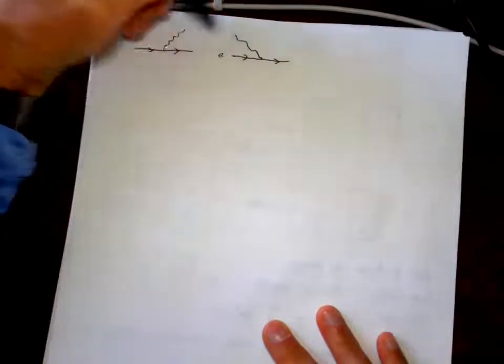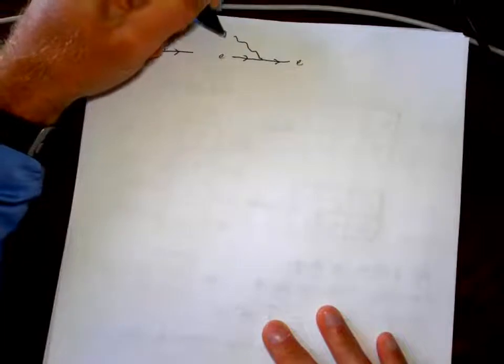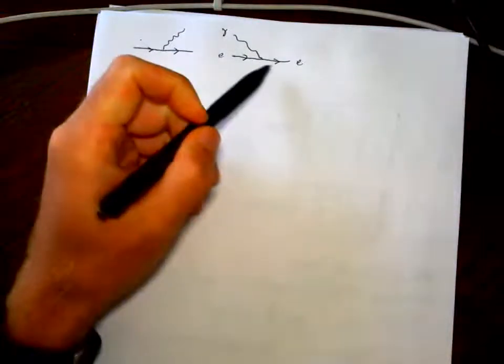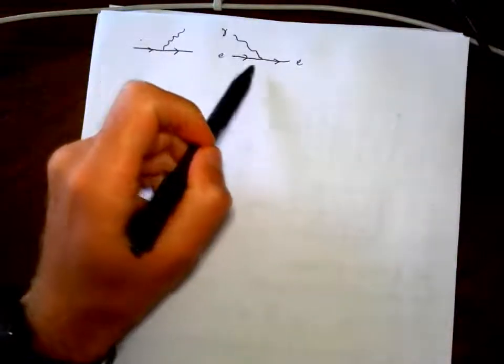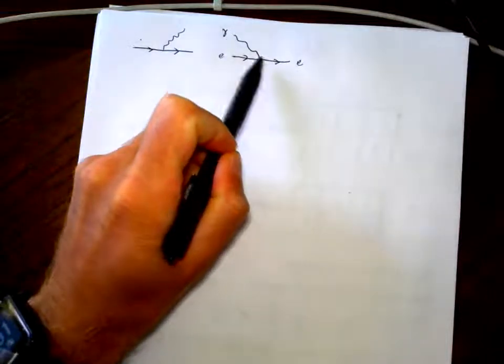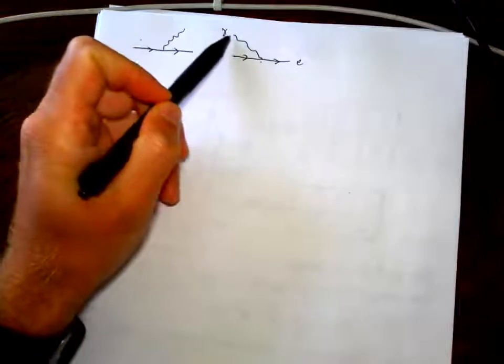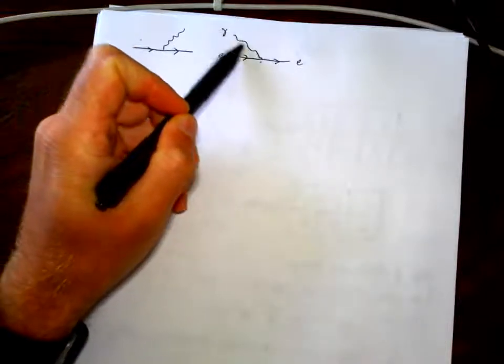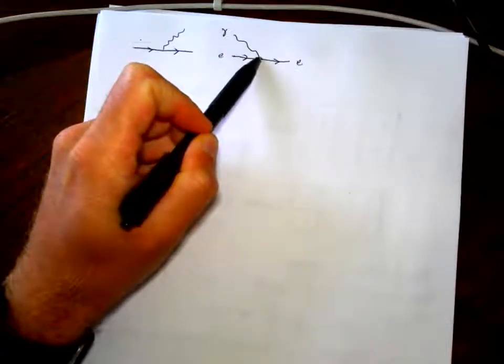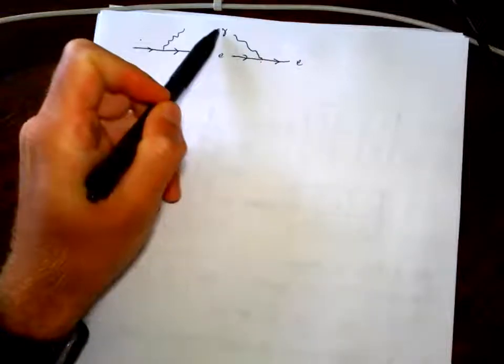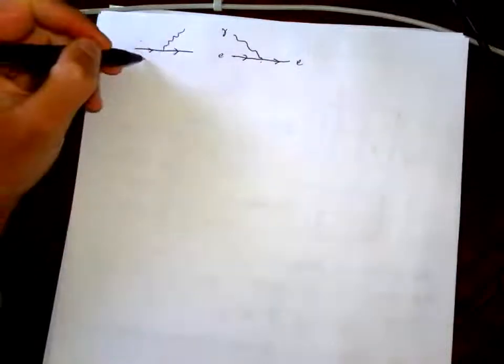What if this is an electron and this is an electron and that's a photon? So is this still a valid vertex? Yes, it is, because it has one arrow going in, one arrow going out, and a force carrier. But here the force carrier comes in and hits the electron. So this is the emission of a force carrier. This is the absorption of a force carrier. Okay.